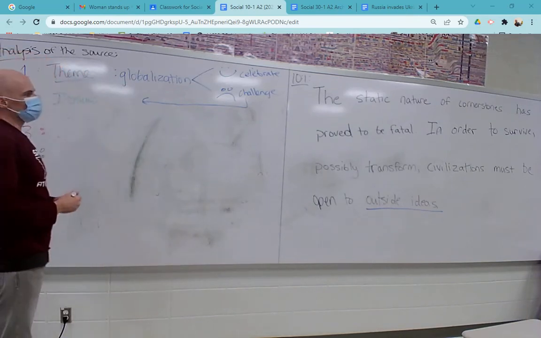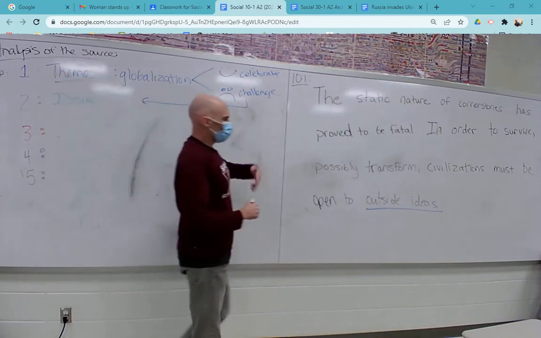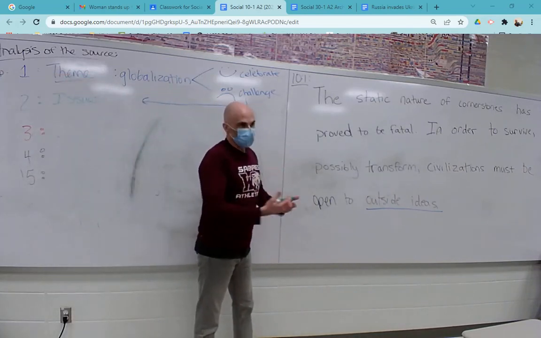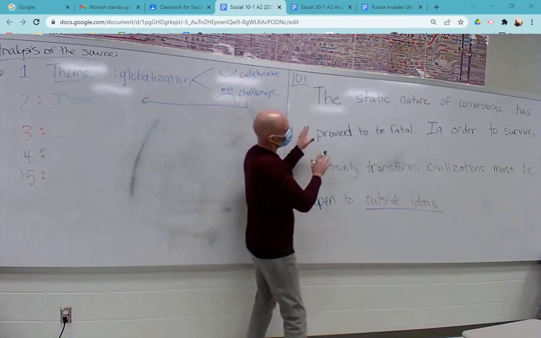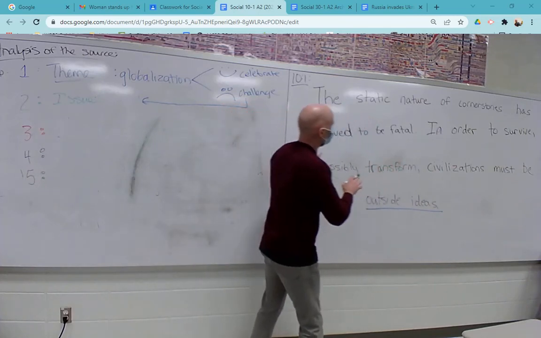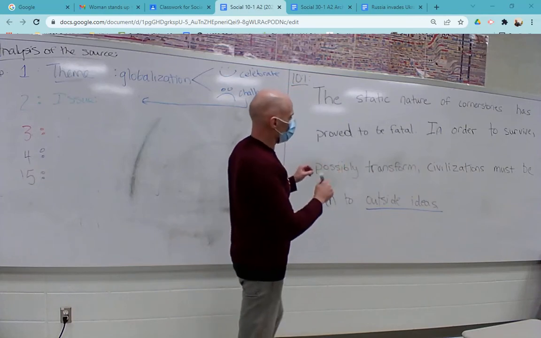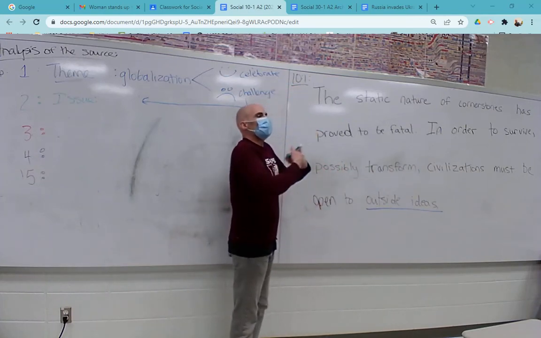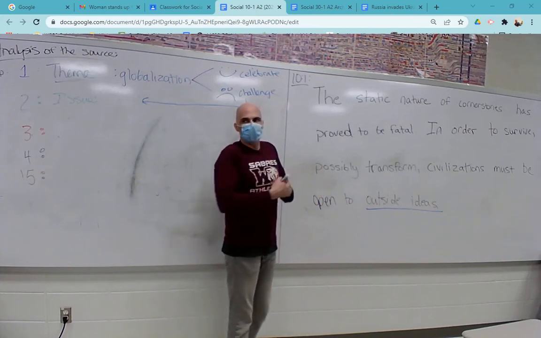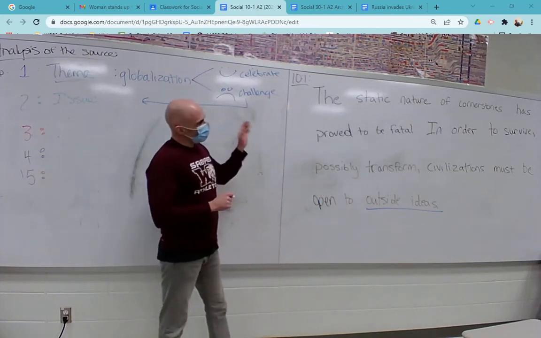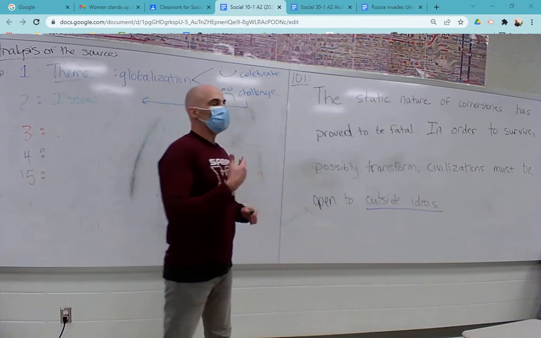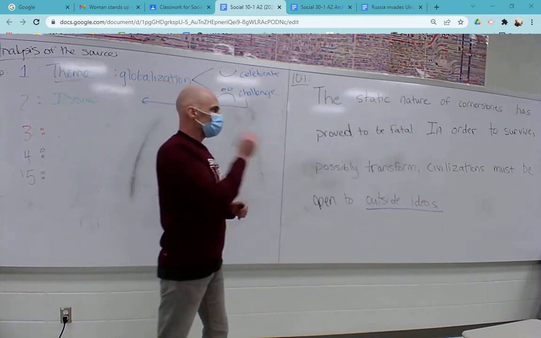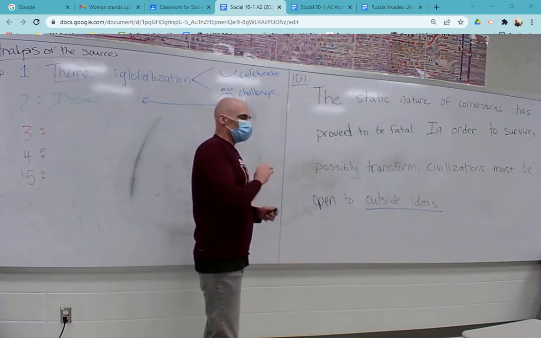If so, what's the issue? So in order to find whether or not it's celebrating the theme or challenging it, we need to look at the language here, look for the details, and see, is there an issue presented? Either explicitly, it's like, here's a problem, or they imply an issue implicitly. The static nature of cornerstones has proven to be fatal. In order to survive and possibly transform, civilizations must be open to outside ideas.